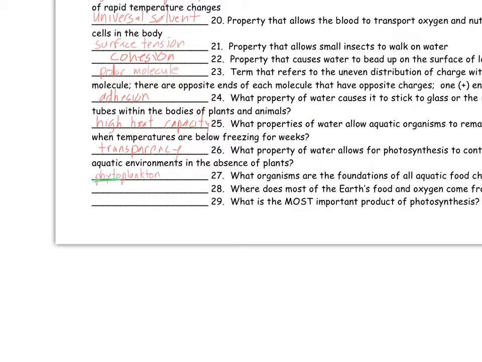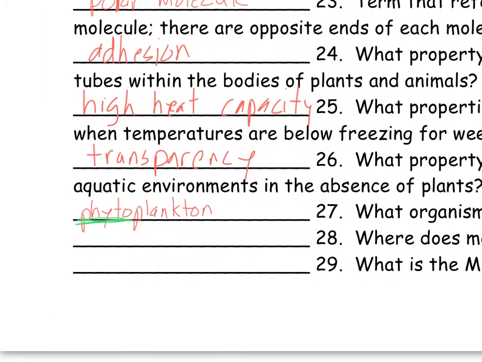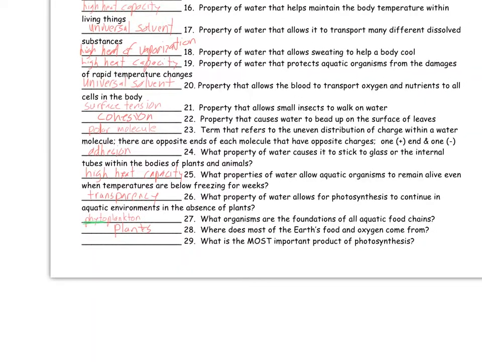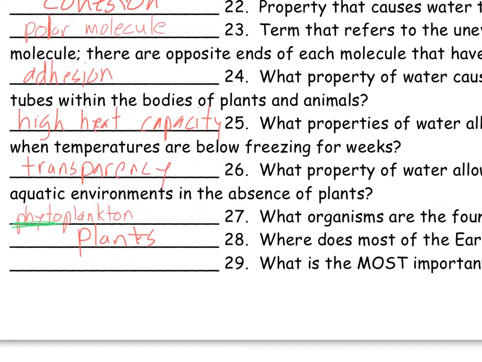Microscopic plants. Where does most of the Earth's food and oxygen come from? Plants. What's the most important product of photosynthesis? To us, it's oxygen.